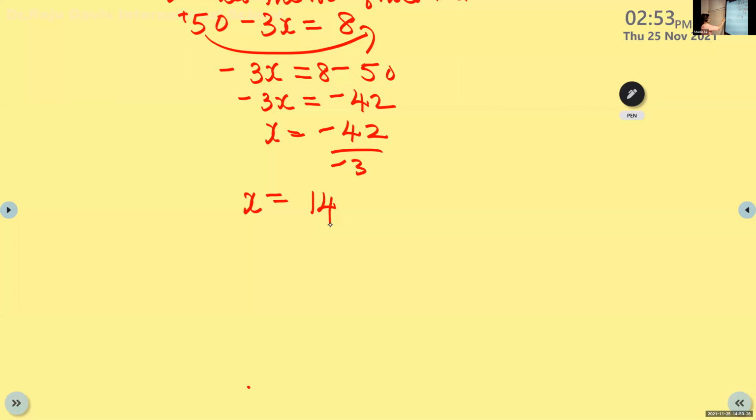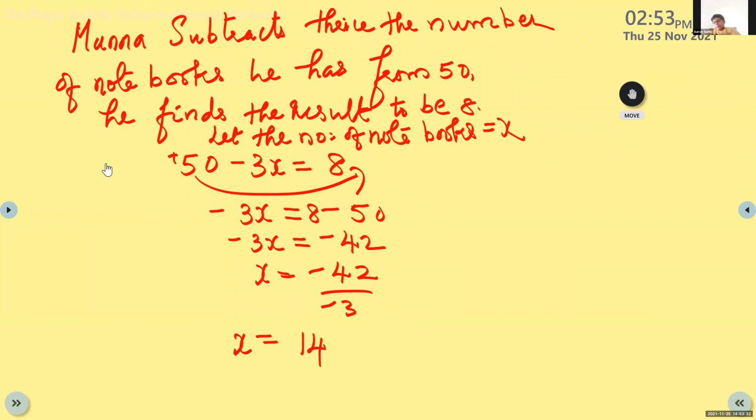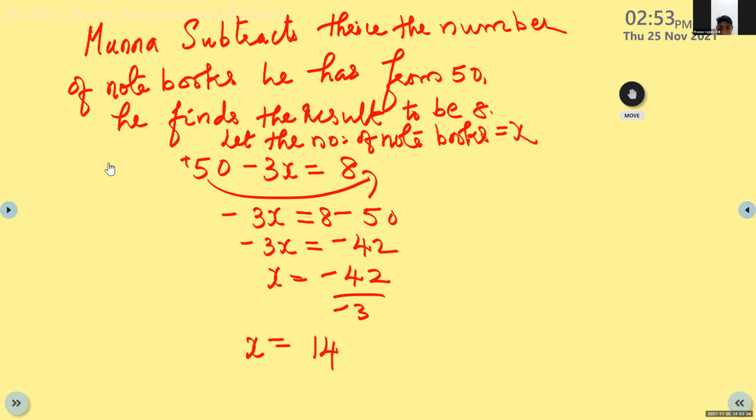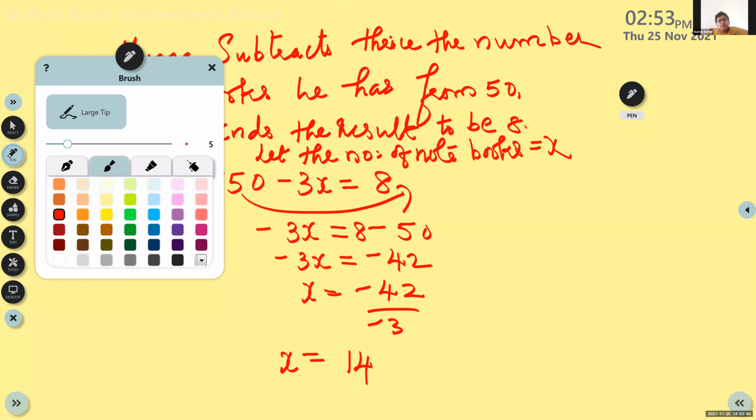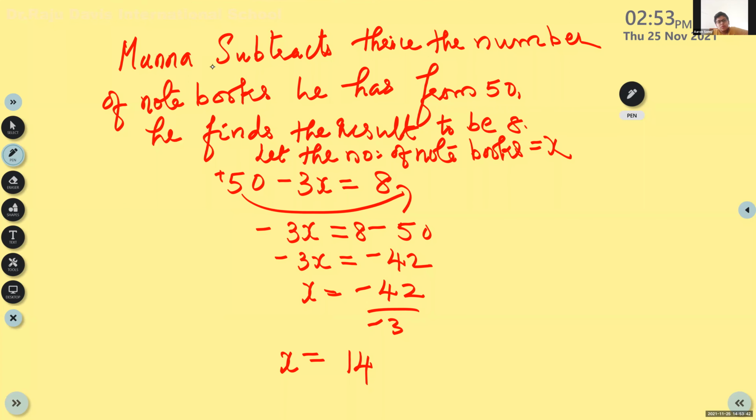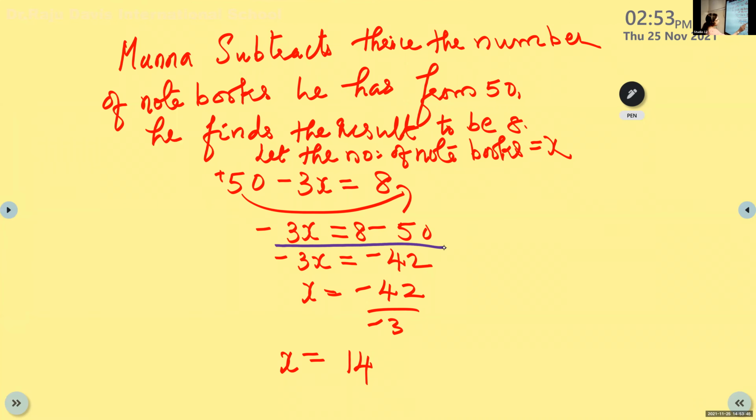Where is your doubt? Just tell me. Minus 3x is equal to 8 minus 50. Here we have positive 50, no? This one we transpose to this side, so we will get minus 50. Did you understand that? Okay.